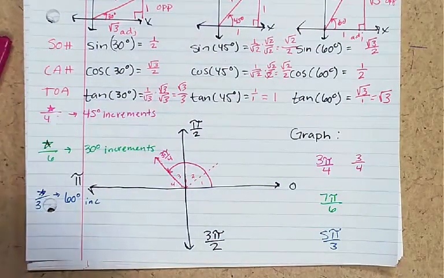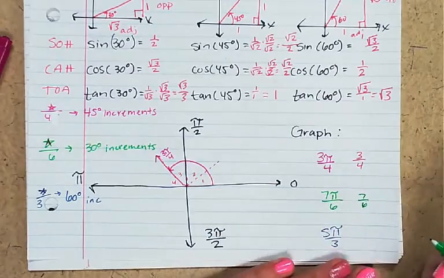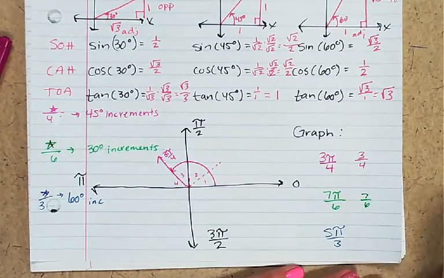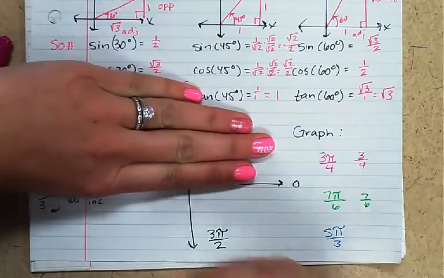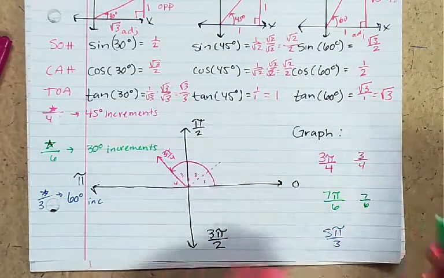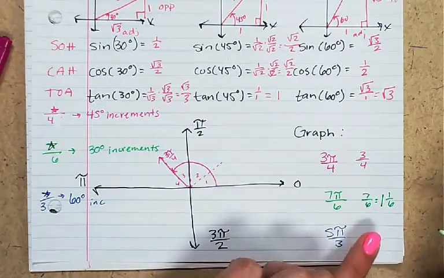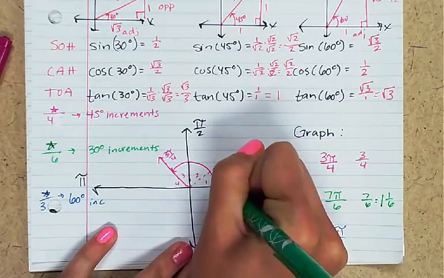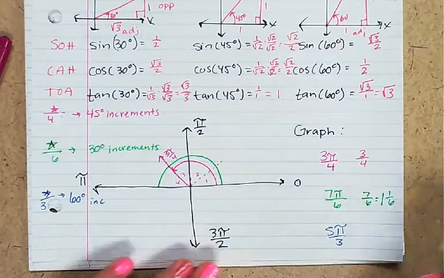Now let's look at 7 pi over 6. So we want 7/6. So is that more than 1 or less than 1? It's more than 1. So we know that we're going to be down here on this part of our coordinate plane, because all the way to here is 1, and we want 1/6 more than that. So I know I have enough to get all the way here back to the negative x-axis there, because we have 1.